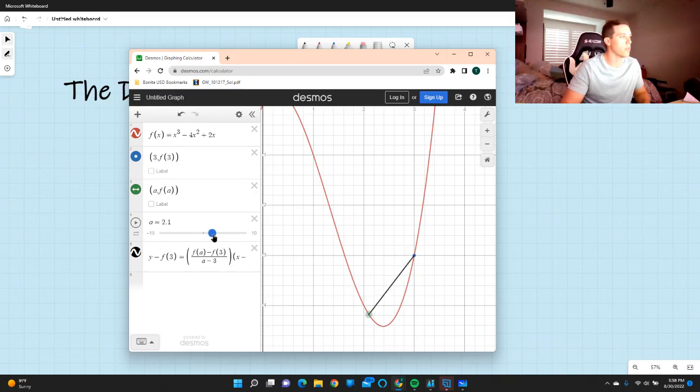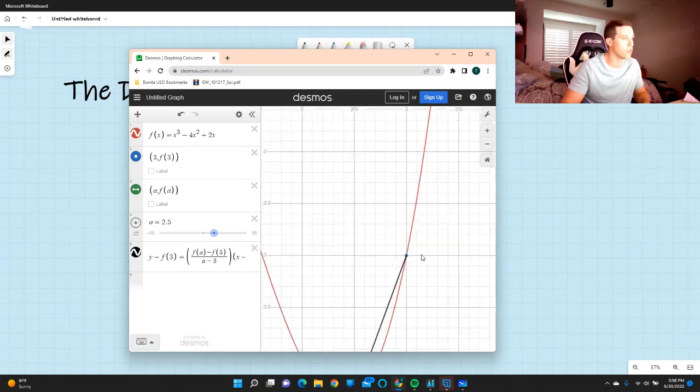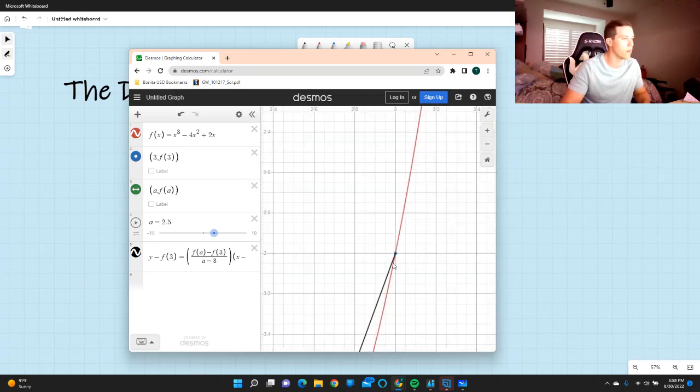For example, if I found the average rate of change between x equals 2 and x equals 3, that's a better approximation for the slope right here. Look, it's getting closer to what this actually is. If I were to go to 2.5, that's even better. The slope of this black line is pretty close to what the slope of the curve is right here.